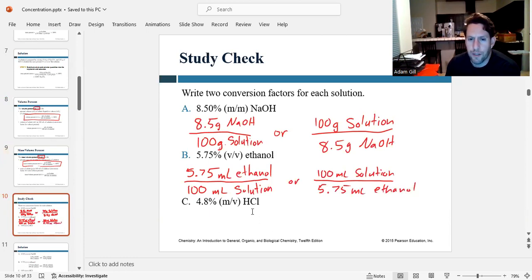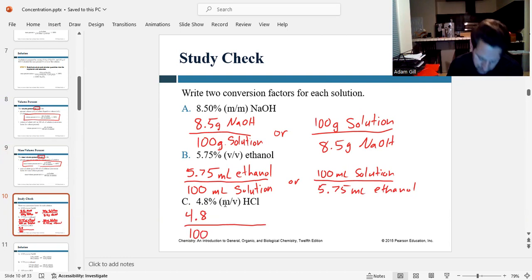Let's do the third one here. 4.8% M over V HCl. So percent, we know it's 4.8 over 100. M is mass, V is volume. The unit of mass is grams. So this is 4.8 grams. V is volume, the unit is milliliter.